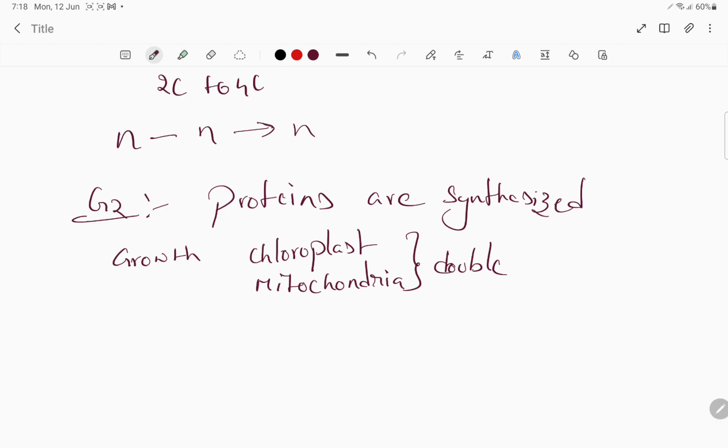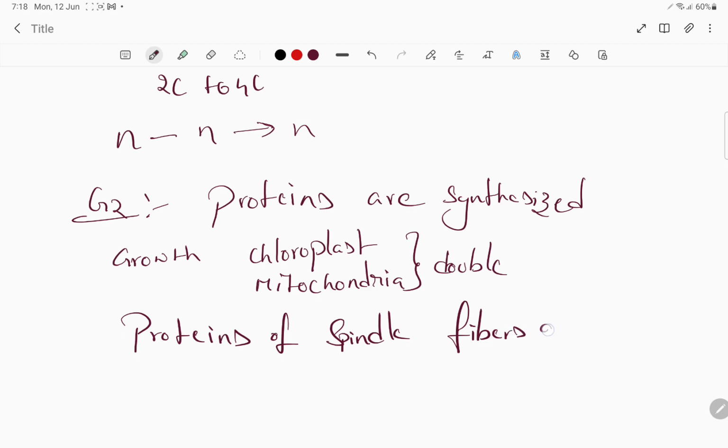The proteins of spindle fibers are produced. And there will be active metabolism to store energy. Energy is needed for M phase, right? That is stored.